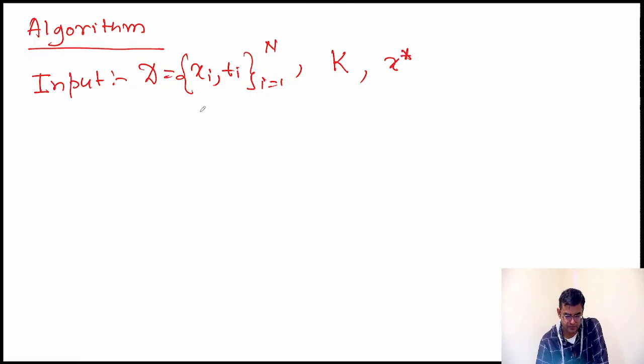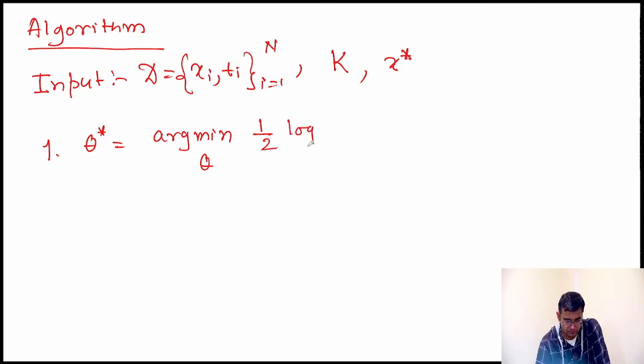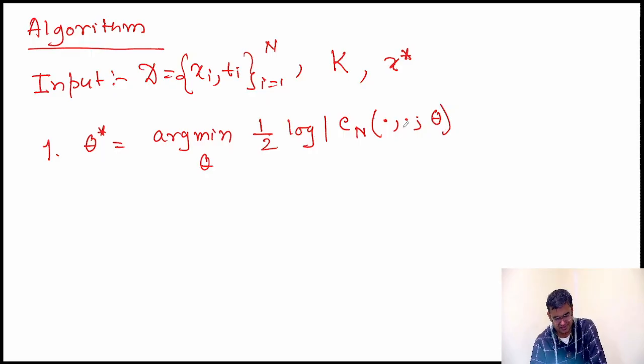Step 1, you calculate the loss function. Let me write directly: theta star is equal to arg min over theta of 1 by 2 log determinant Cn, which is a function of theta. Again, I should not write it like that.